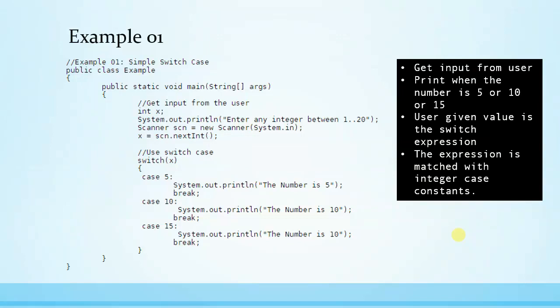After that we call nextInt, so the console window will be waiting for the user input. If the user types 5 and hits enter, nextInt will collect that number and place it in the integer variable x.